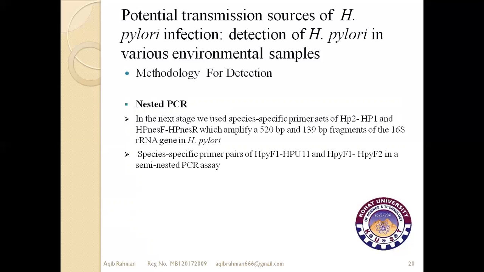Species specific primer pairs of HPYF1 and HPU11 and HPYF1, HPYF2 in the semi-nested PCR assay are used. This assay targets the urease gene of H. pylori.